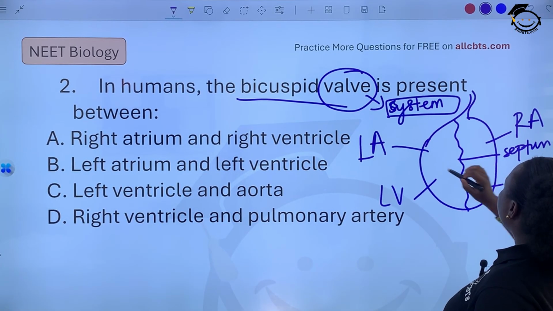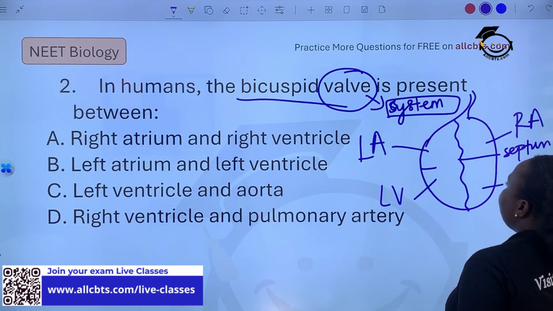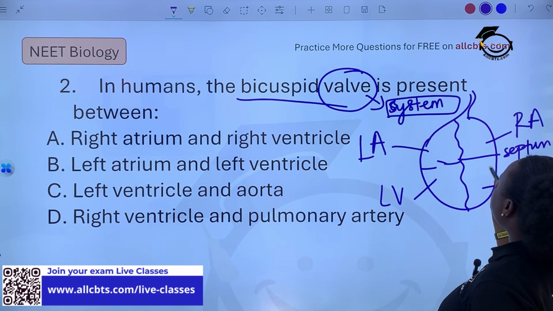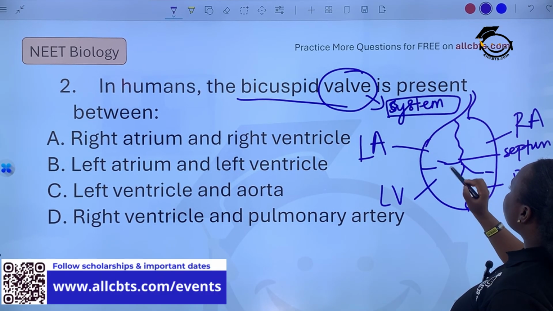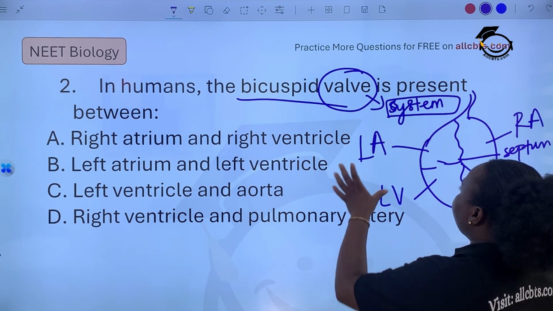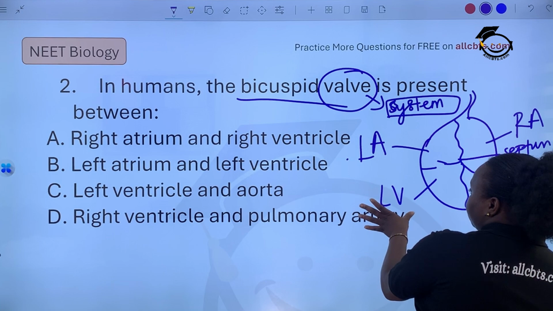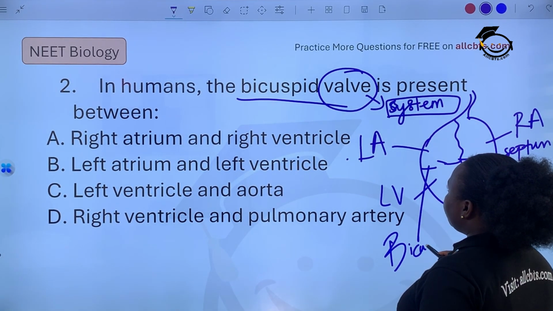Now, between this left atrium and this left ventricle, there is a valve that separates them, and also between this right atrium and this right ventricle, there is also a valve. The one between the left atrium and the left ventricle is called the bicuspid valve.